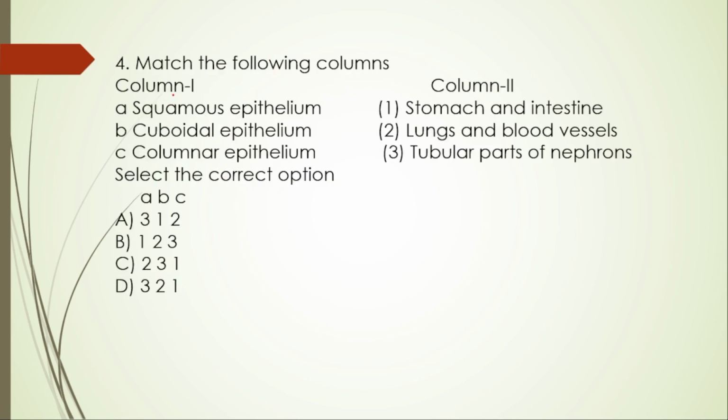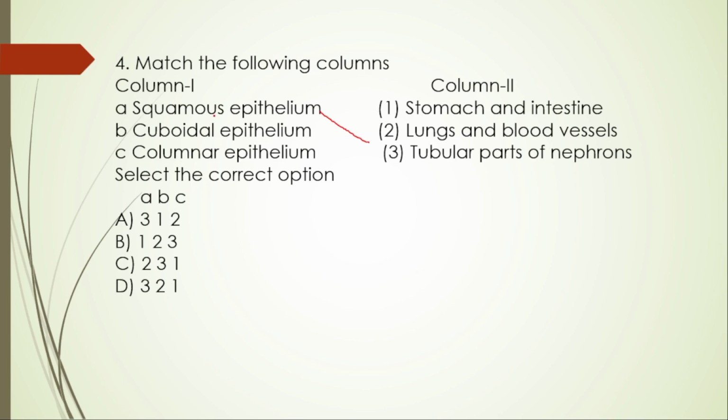Next, match the following columns, column 1 with column 2. Here they are given the tissue and then where they are found, actually the location. So squamous epithelium is going to be found in the lungs and blood vessels. A is for 2. If you know any one good match, you can guess the answer.